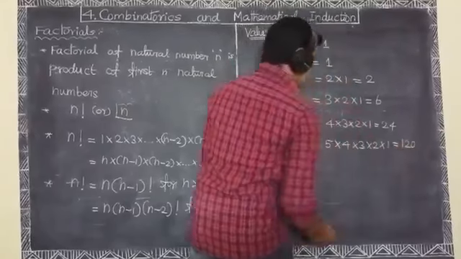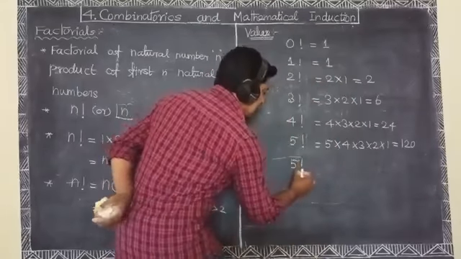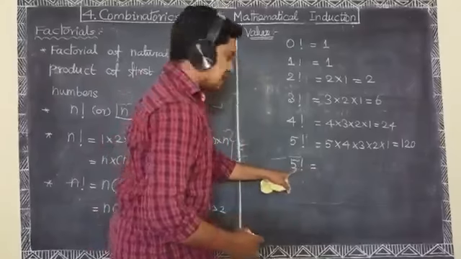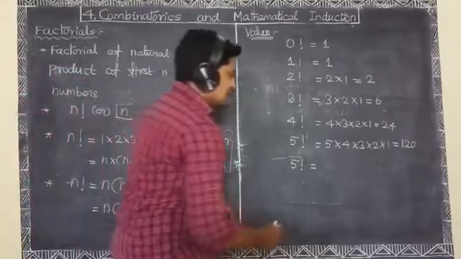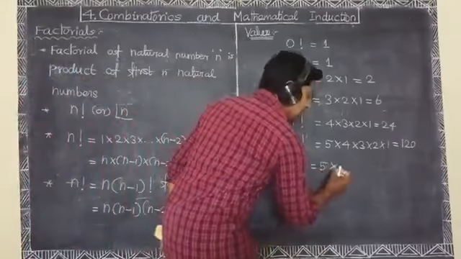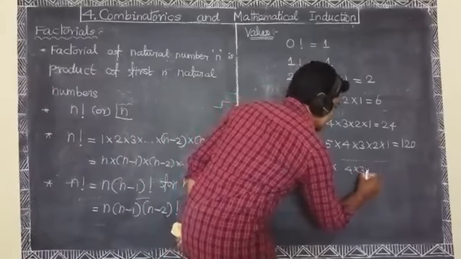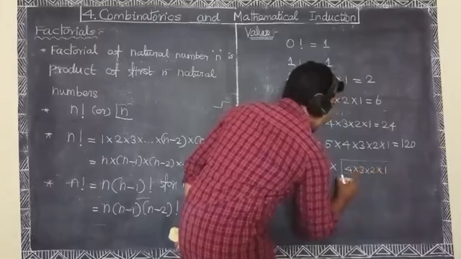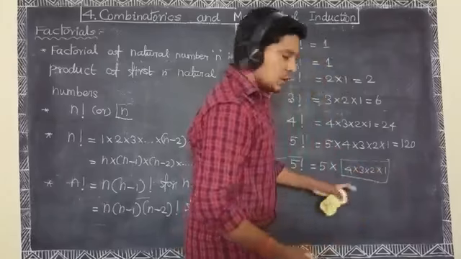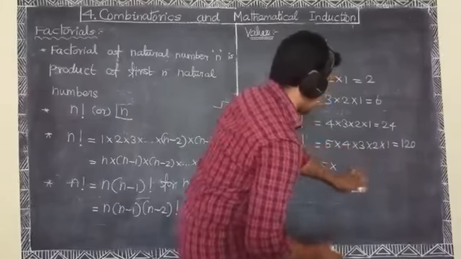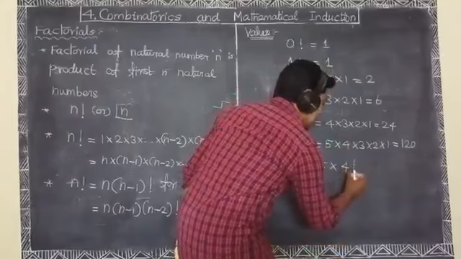Here, 5 factorial can be written in general form: 5 into 4 into 3 into 2 into 1 is replaced by 5 into 4 factorial.